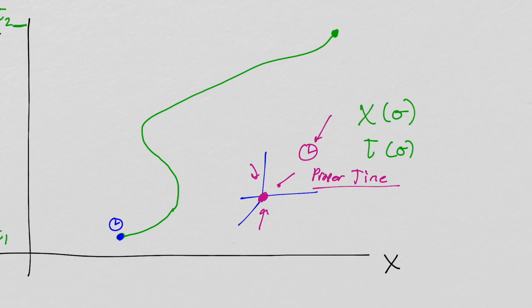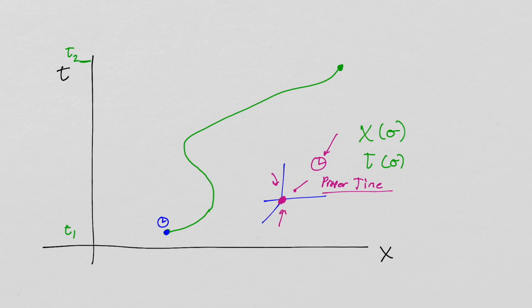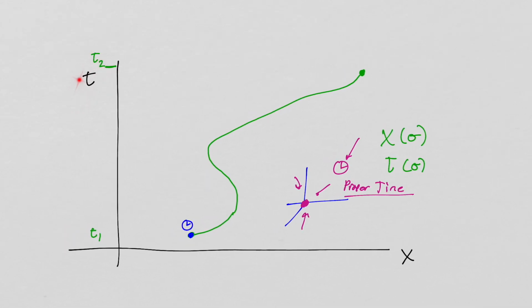But what I'm trying to get at here is that this parameter sigma is going to be the length of this world line. The length of this world line measured in meters, right? I have time here, which seems to be seconds, but what you'll usually see is a ct, or sometimes they just call this x0 and measure it in meters, and they set c equal to 1, right?